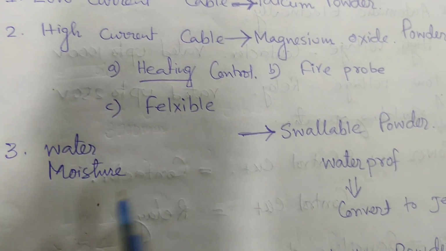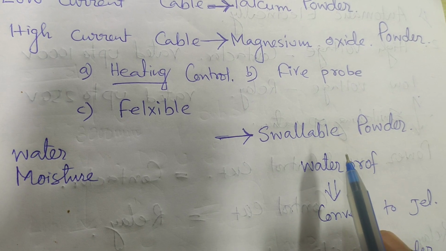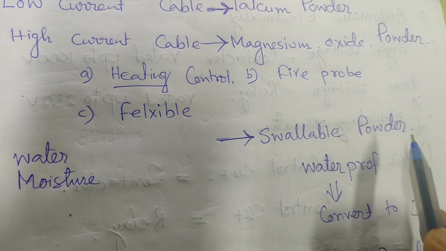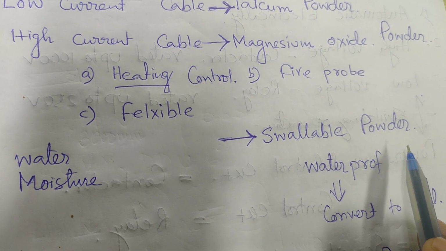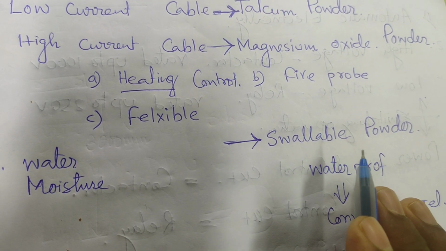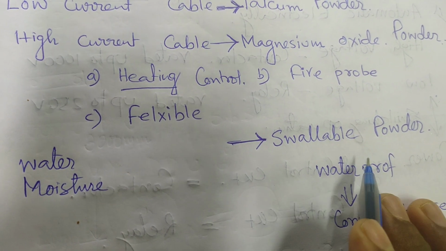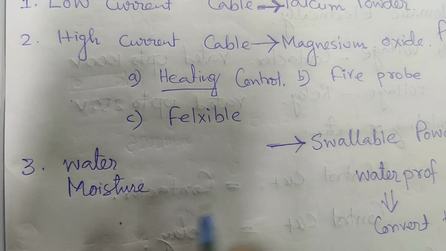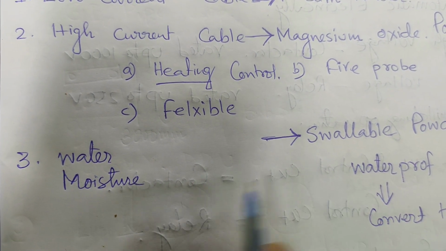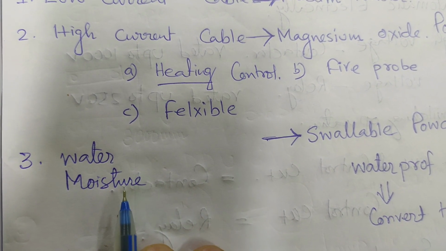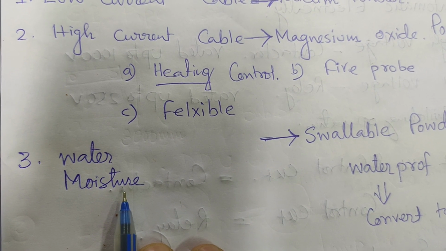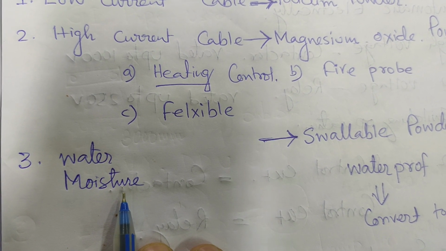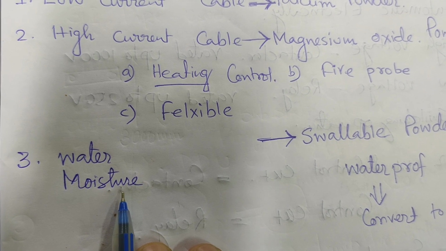Our third topic is the soluble powder. Where is the soluble powder used? The soluble powder is used inside the cables where the cable will be used underwater or in a moist area where moisture and water are present.